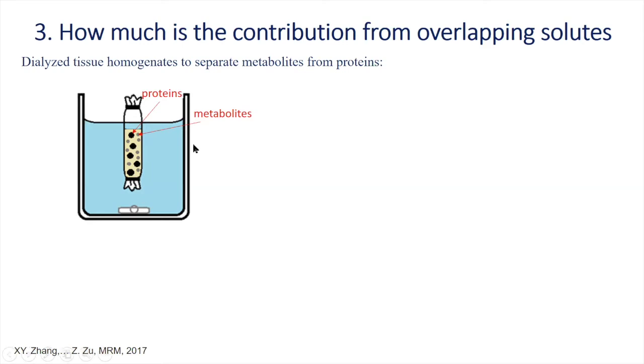So here we put the dialysis bag in a container containing PBS buffer, and this will stay there for a few days, and we change the PBS a few times, and then you can find that the metabolites will diffuse out. So we think this is a good model to evaluate the relative contribution from proteins and metabolites.